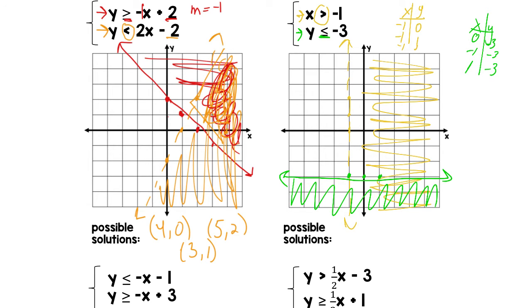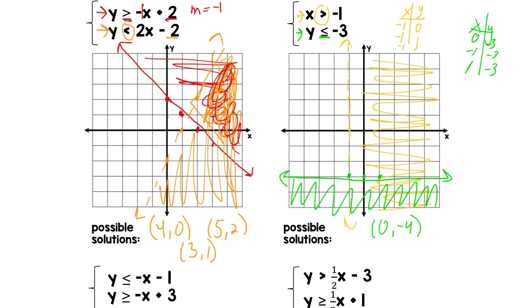Now we want to list some possible points in our solution zone. We could say (0, -4).